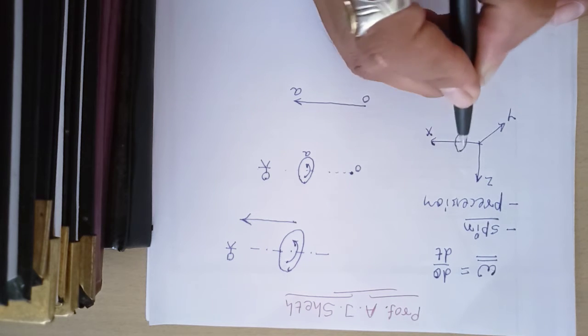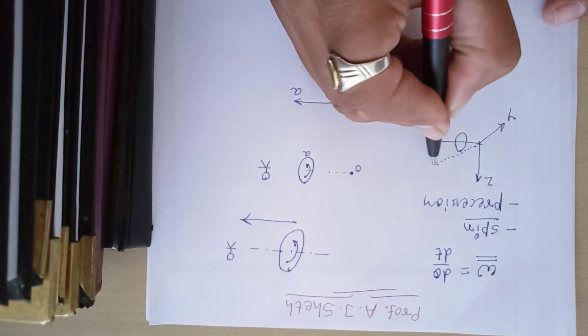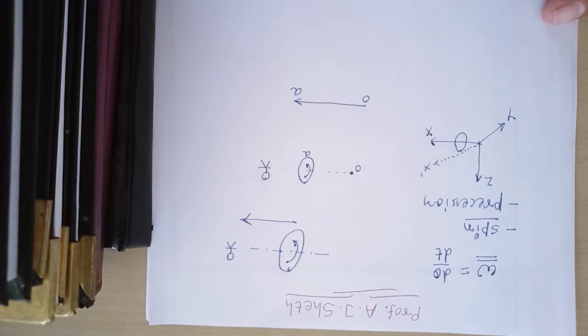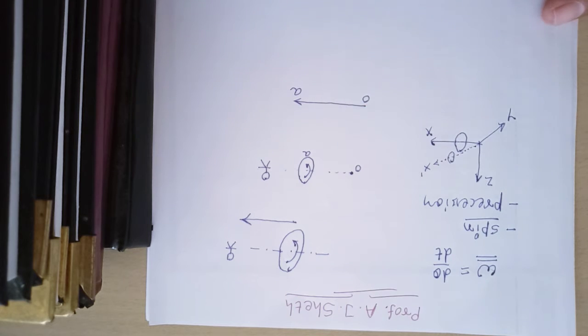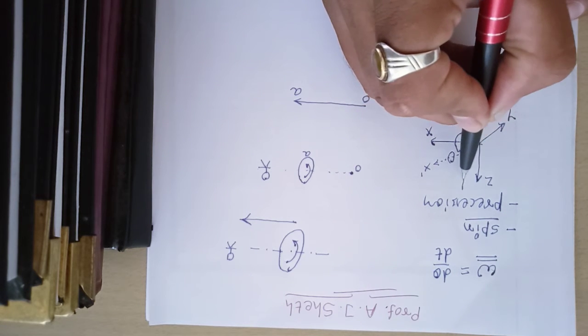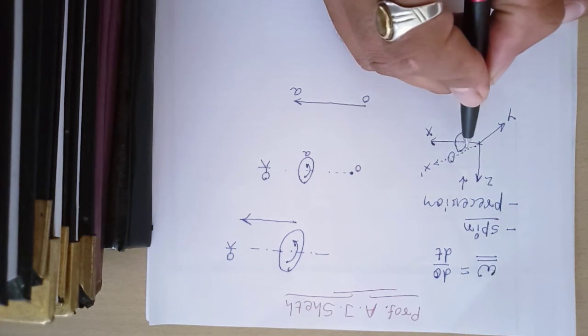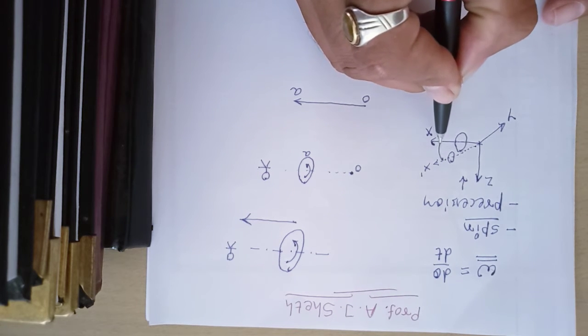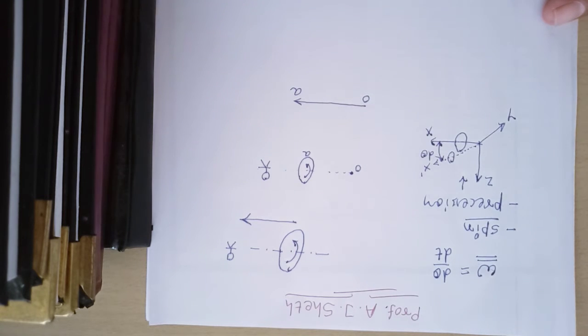The circular body is here and it has moved to another location, x dash. This can be viewed from the top view only. This change d theta is a very minute change, d theta with respect to dt. This we are supposed to understand.